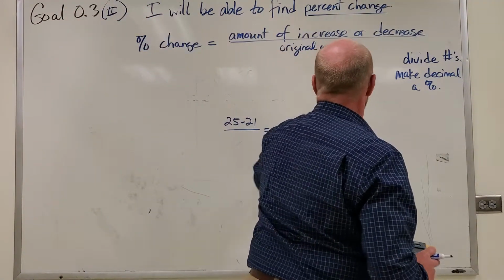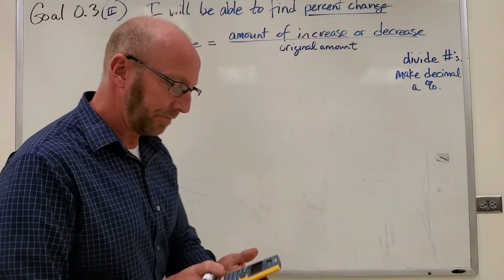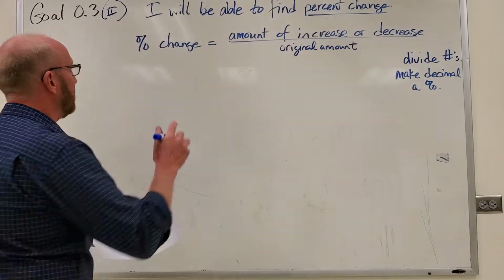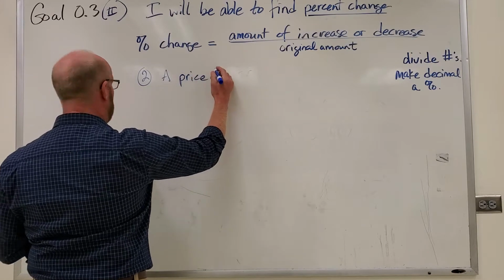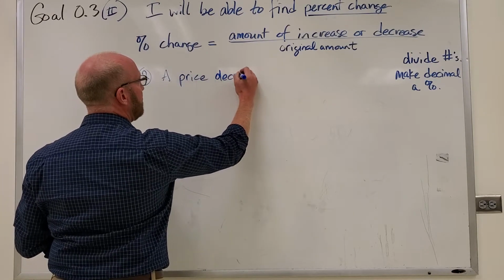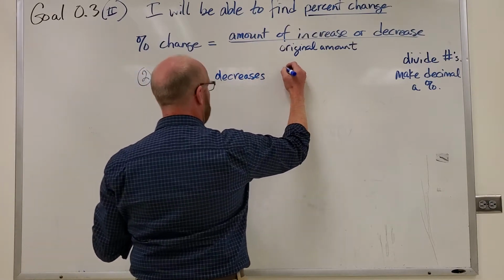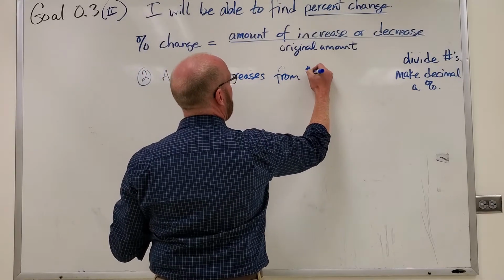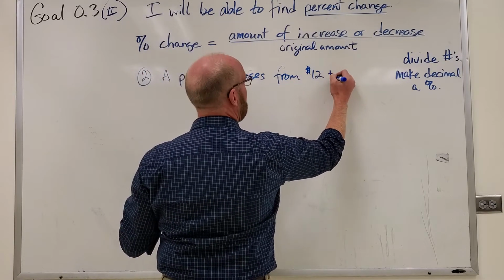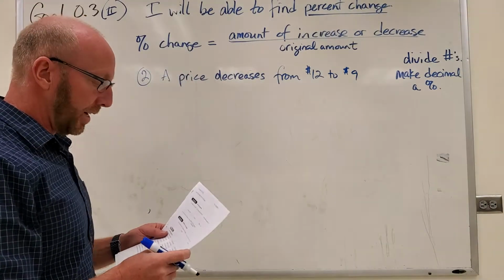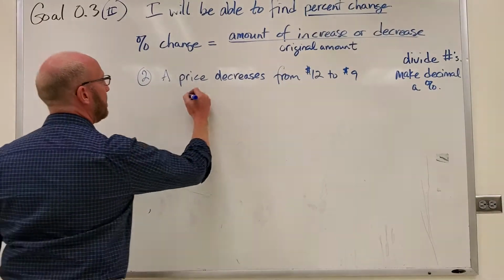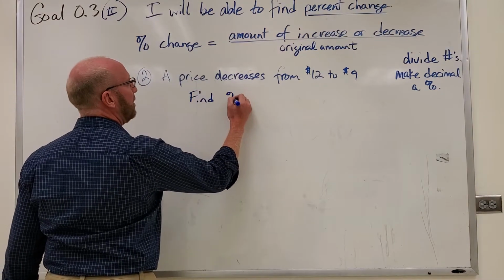Here's my second example. A price of some good decreases from $12 to $9. So it decreased from 12 to $9. Find the percent decrease.